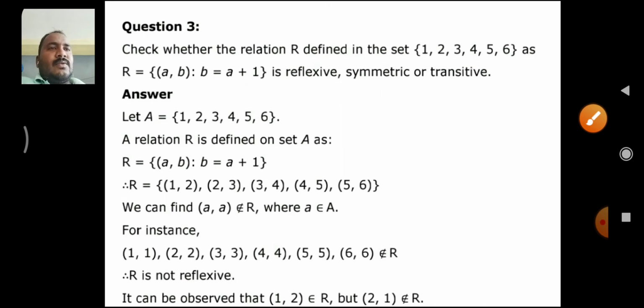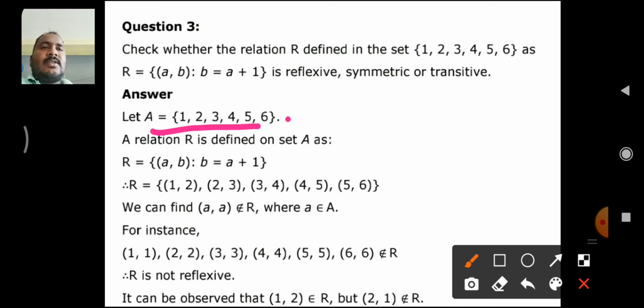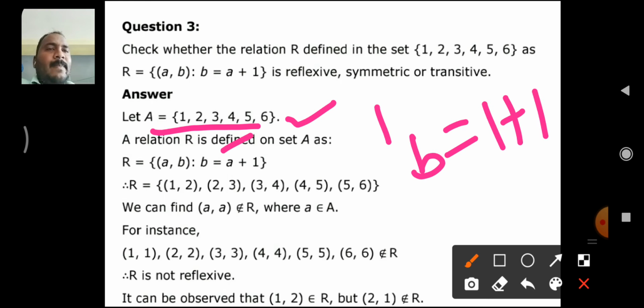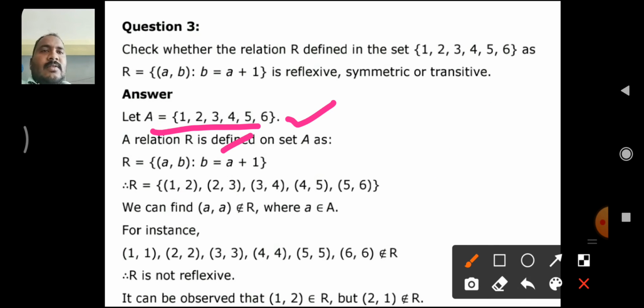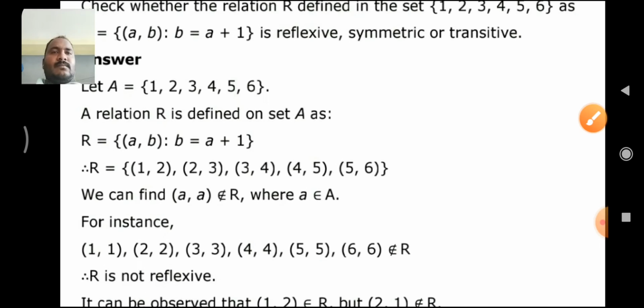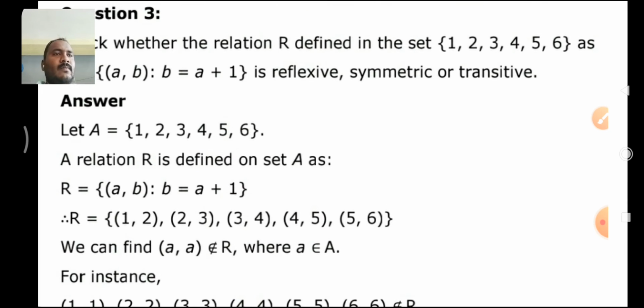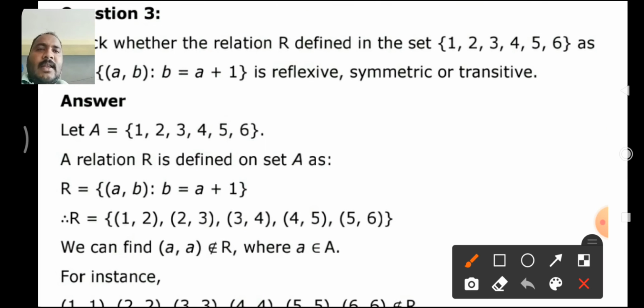Solution. Here, this is the given set A. The relation R is defined on set A as R = {...}. Here we consider a = 1 from the given set A, we get b = 1 + 1 = 2.